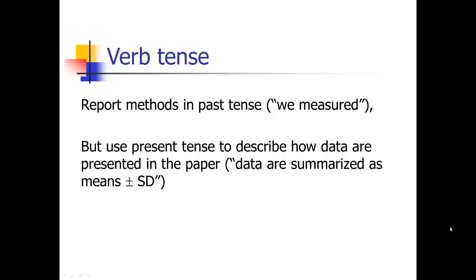So you would say data are summarized. Notice the passive voice there, but again, you might have passive voice in the method section. So data are summarized as means and standard deviations, or Table 1 shows. That's in the present tense because the data still are there. They're still presented in that way.